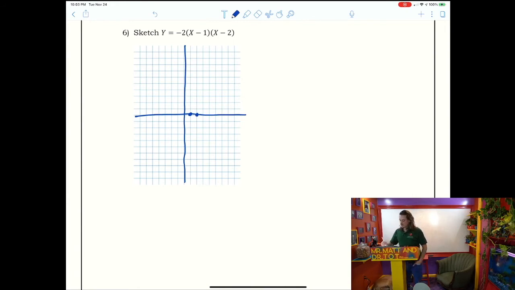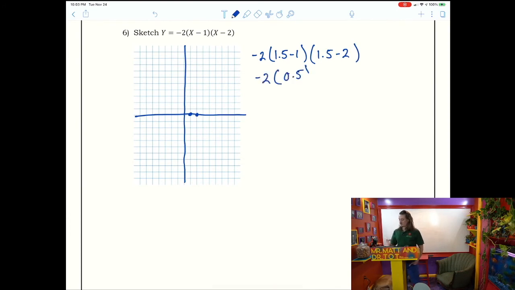So I'm going to evaluate this function at x is equal to 1.5. So 1.5 minus 1 is going to be 0.5. 1.5 minus 2 is going to be -0.5.